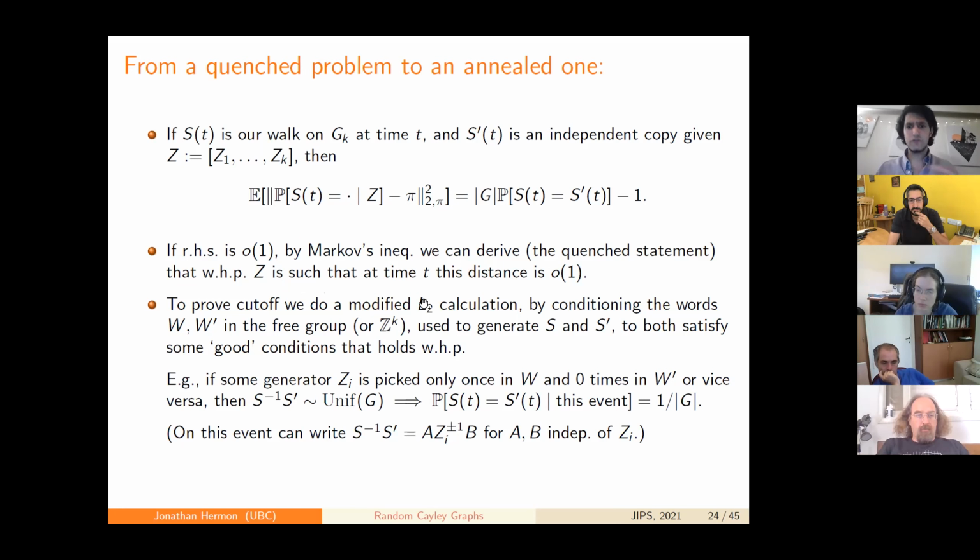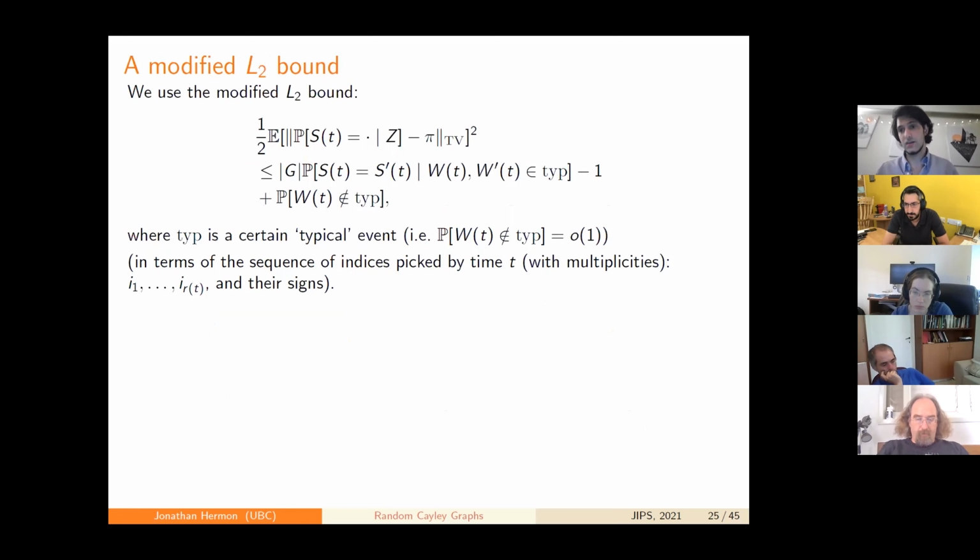Okay, so far I just told you what the modified L2 calculation would involve, but let me tell you what bound it gives us. Instead of looking, as before, at the expected L2 distance squared, we now look at the total variation distance squared. The first quantity is going to be what we had before, but with the additional conditioning that W and W prime are nice.